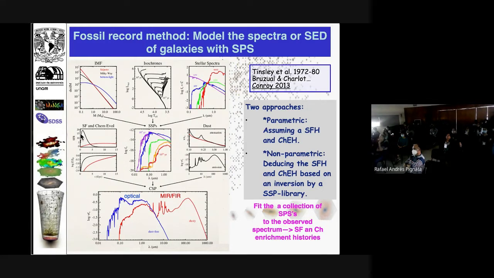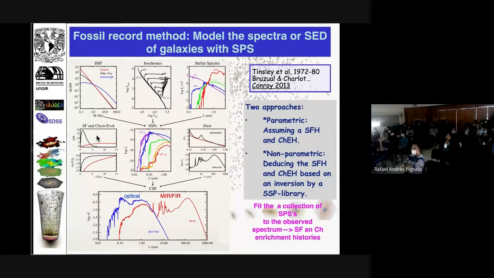But if we have a star formation law and a chemical enrichment law, we can have a lot of these stellar population syntheses, and also if we have a dust attenuation law, we can generate the composite stellar spectrum.